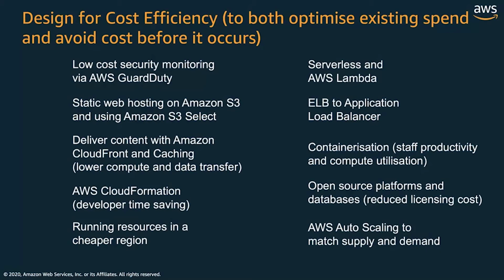If you're developing something new, not as much complexity. Containerize your workloads. You can move your commercial database. If you're using, for instance, an Oracle database, you could migrate that to a Postgres database using our relational database service, and use autoscaling, as I've mentioned probably 2 or 3 times now, to match supply and demand.